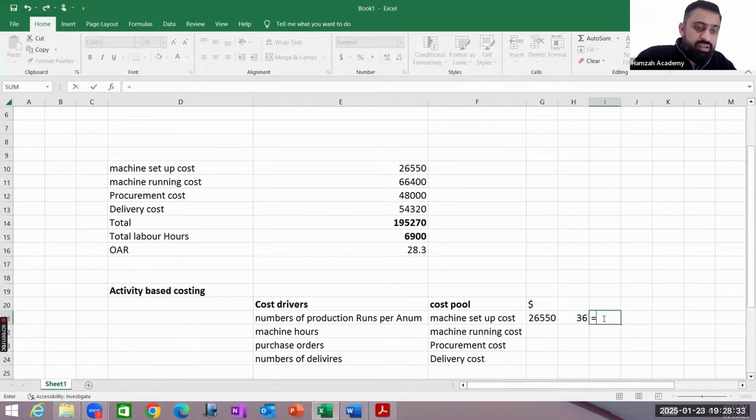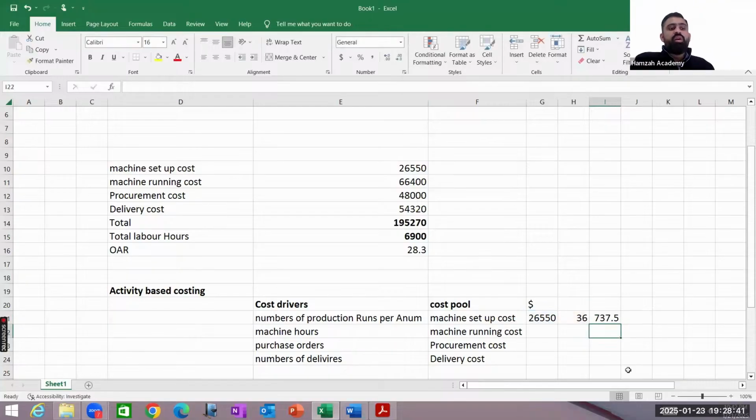Now you can calculate the setup cost per setup, which is $737.5 per production run, because the cost driver which we have used for machine setup cost is a production run.